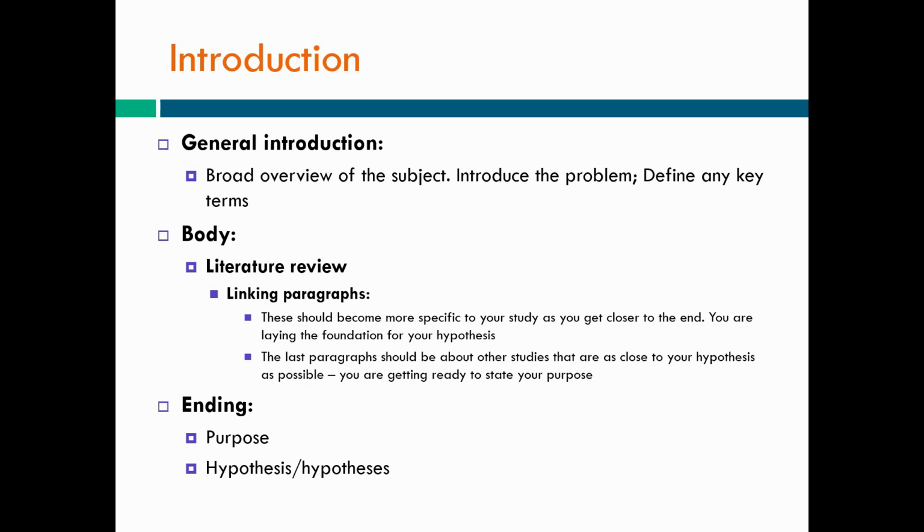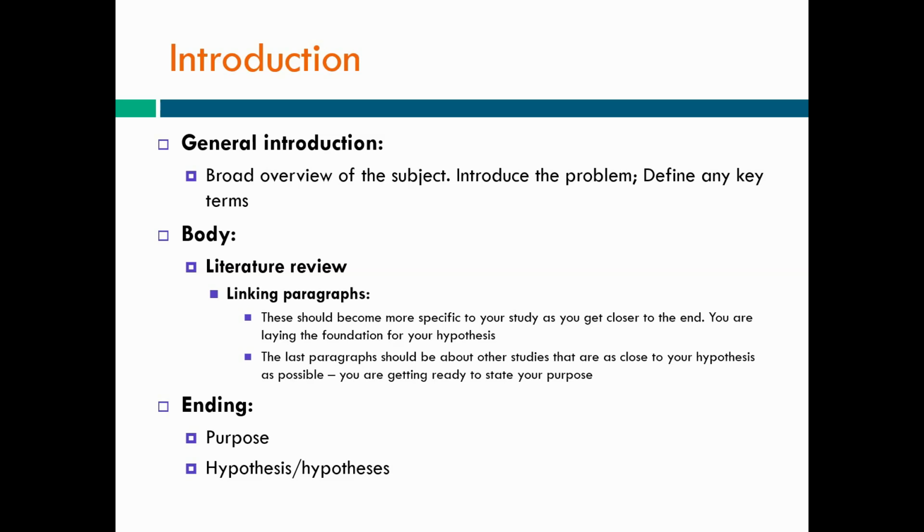You start general, with a broad overview of the topic. In this case, it would be proofreading. You would go from very broad to specific in an inverted funnel shape. We'll look at that in just a second. So you would start broad.